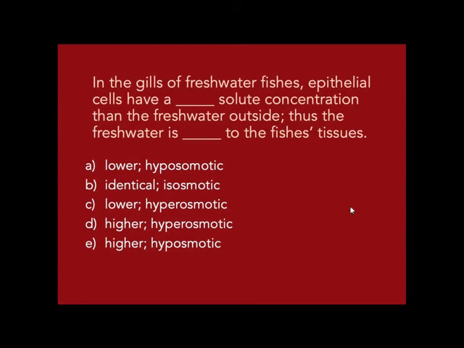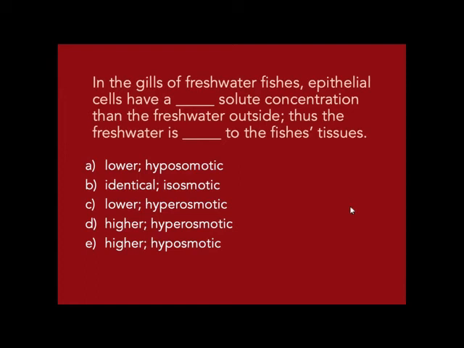All right, so in the gills of freshwater fish, epithelial cells have a blank solute concentration than the freshwater outside, thus the freshwater is blank to the fish's tissues. Wait, what? Okay, so it's freshwater fish? Yeah. So their cells are saltier than outside?